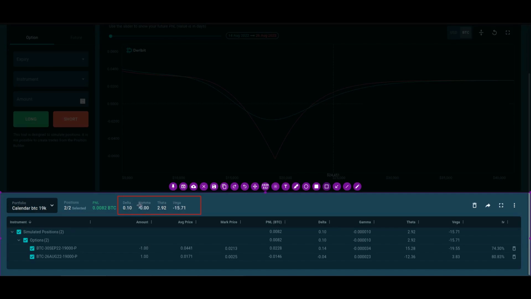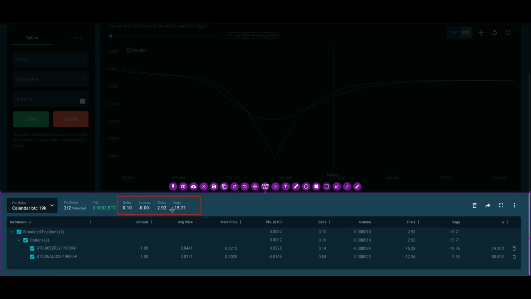So gamma is basically the derivative of the delta parameter, and it will be explained in other videos. Theta is a feature which shows the dependency of the option price, the option premium, on the time remaining to expiration.